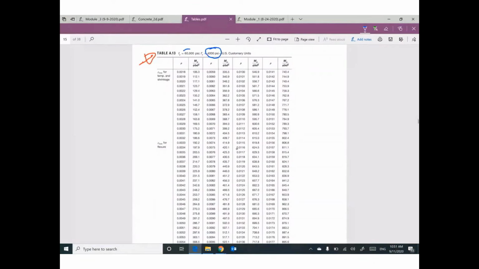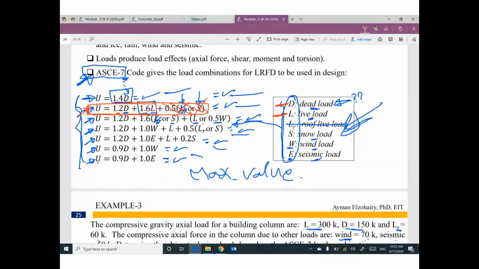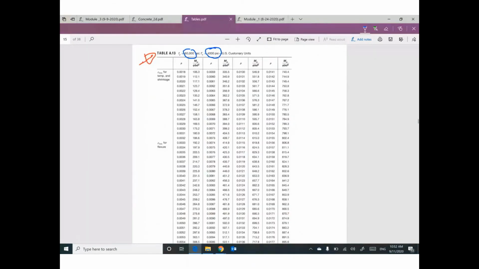What is the value of this one? 419. So go ahead and select 419. I think you are talking about this one. We don't have 419, but we have 420. Rho equals 0.0075. Go ahead and use this rho, or we need to make a check.